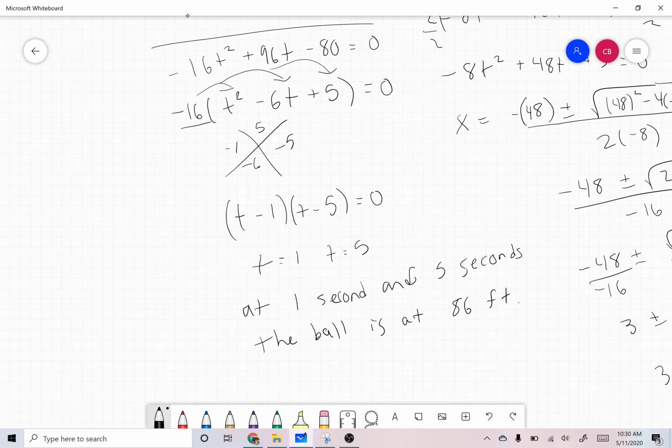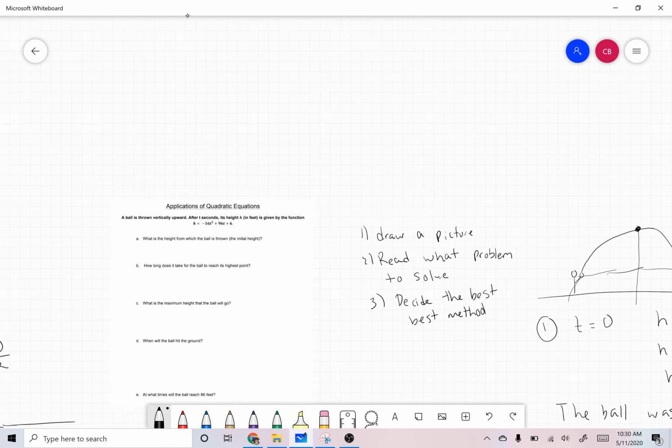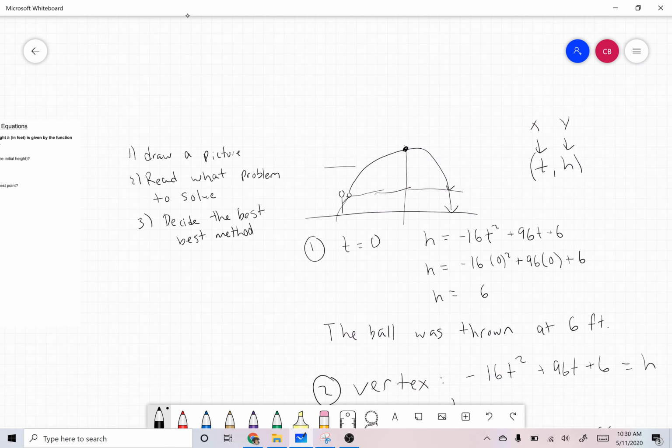That makes sense, because once we go back to the picture, 86 feet is probably like right here. This represents 1 second, this represents 5 seconds. Actually, it may be a little bit lower, but you get the point. It will hit it 2 times, once going up, once coming back down.